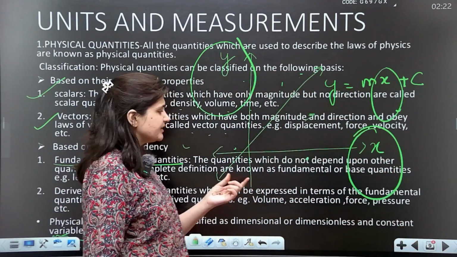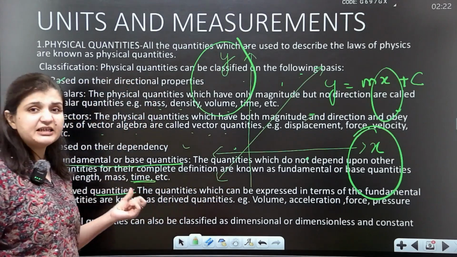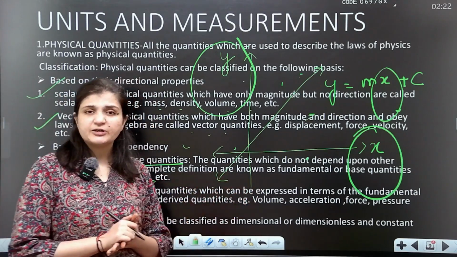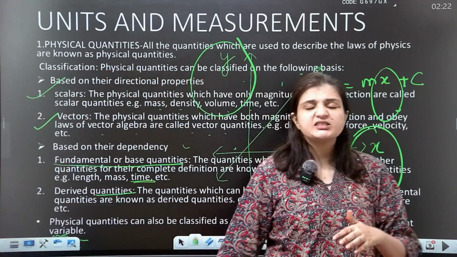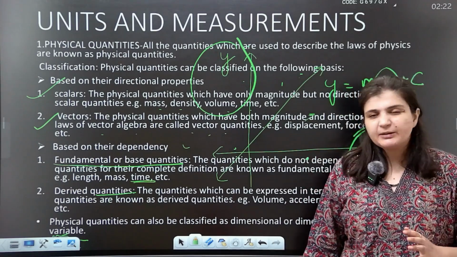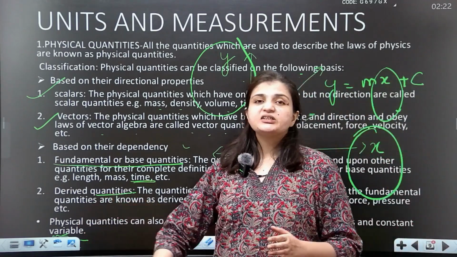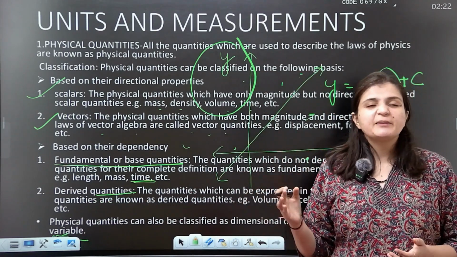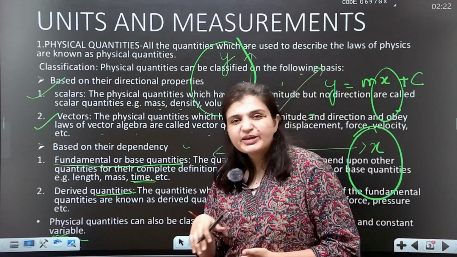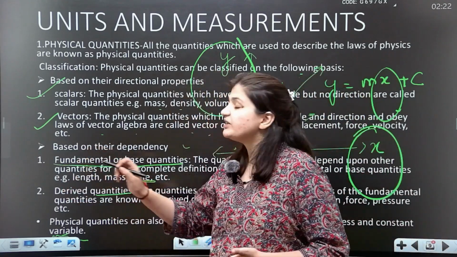That is called the time. Then we have the length, like what is the total length covered. So these are some of the basic fundamental quantities which are independent, and derived quantities are dependent on other quantities, on basic quantities, on these fundamental quantities.